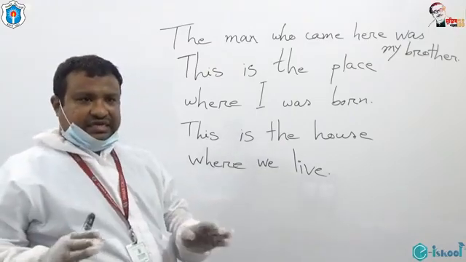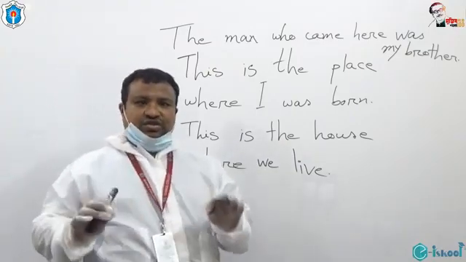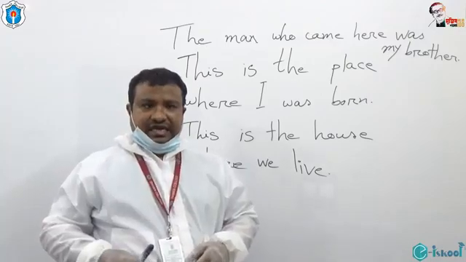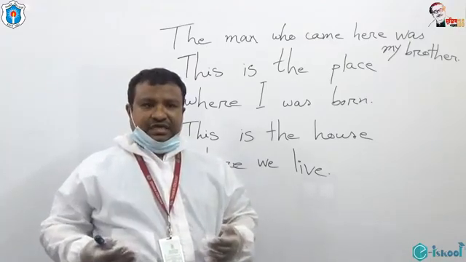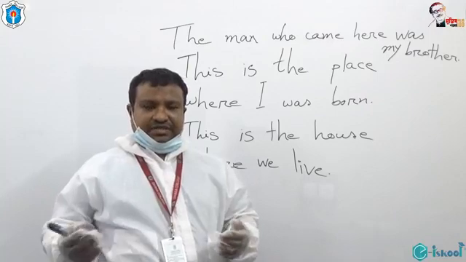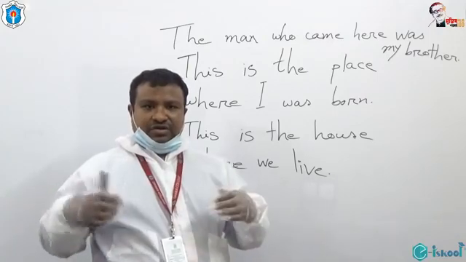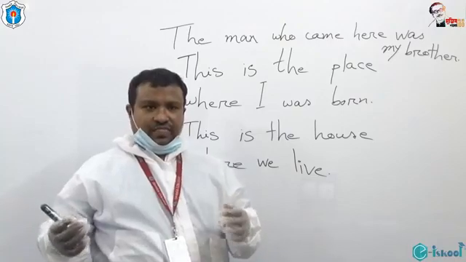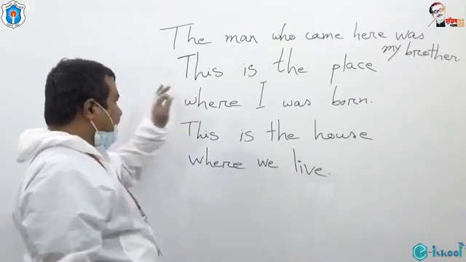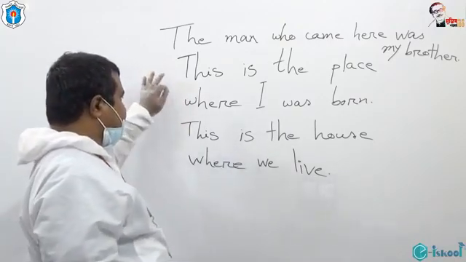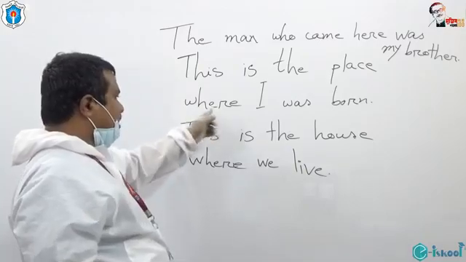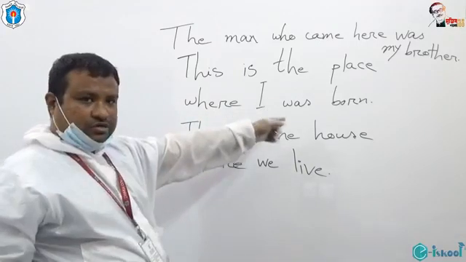Now here, the use of the tense depends upon the situation, upon the particular passage or particular clause you are following. For example, in the second sentence we are writing where I was born.